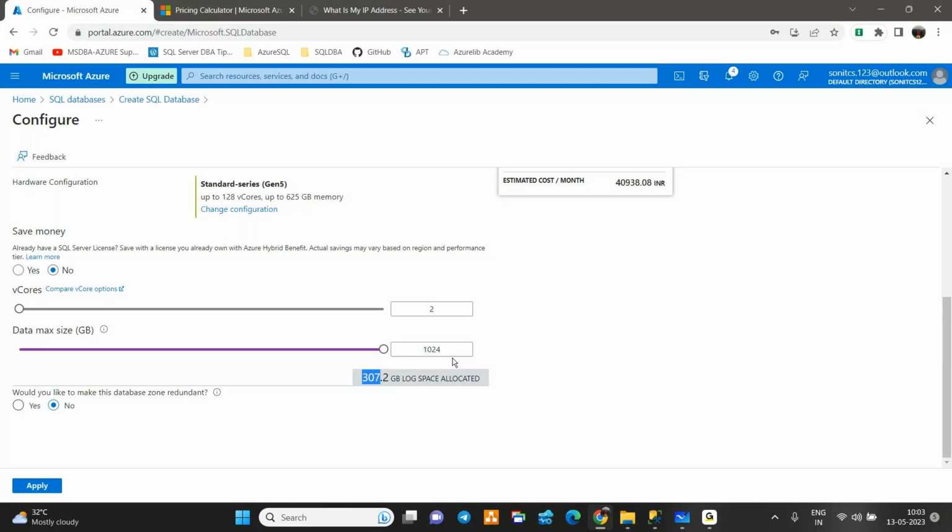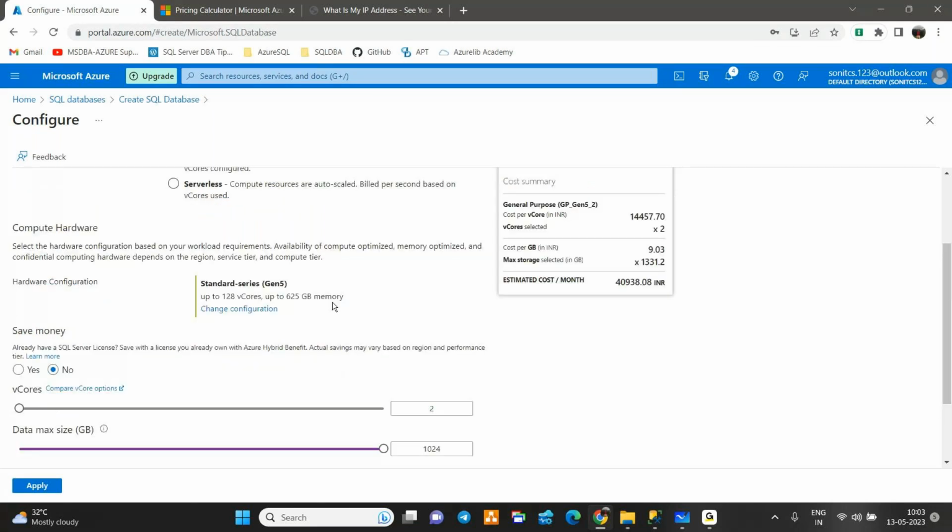When you go for the pay as you go model, you can go for a maximum of 128 cores and 4 terabytes. Hope you are getting it, everyone. When you go for pay as you go, there is no restriction, but under the free trial you have restrictions: only general purpose, only 2 cores and 1 TB of storage.